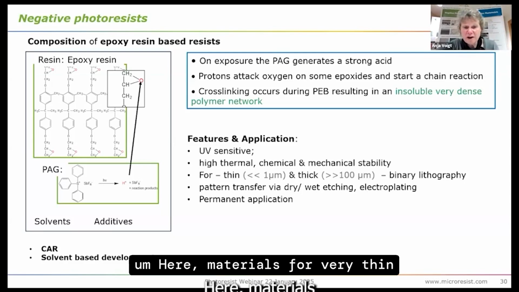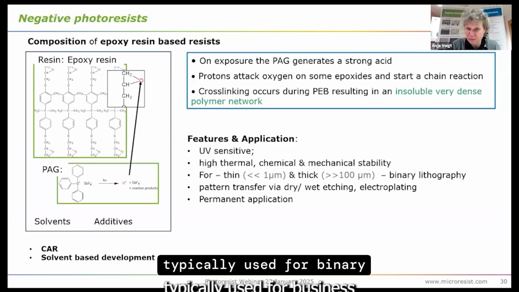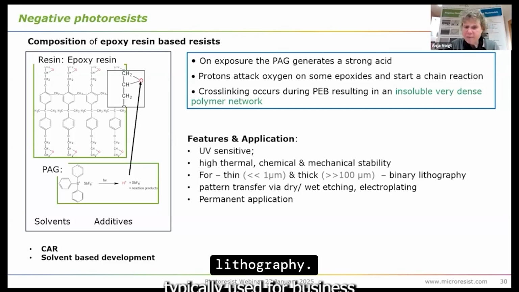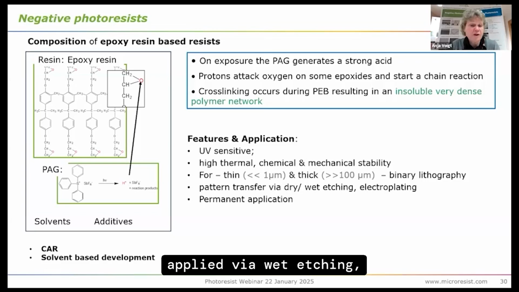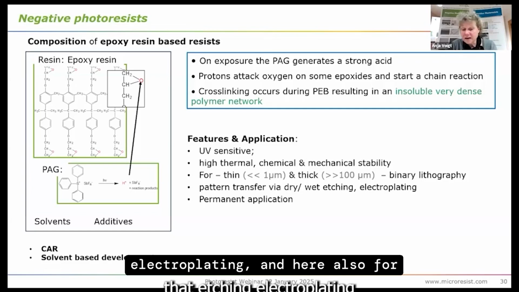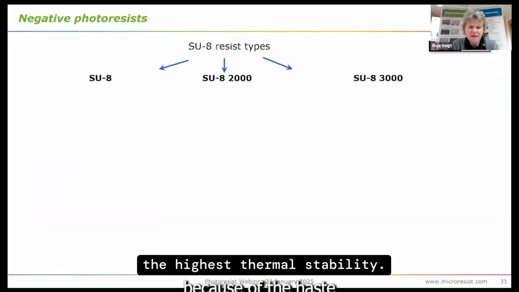Here, materials for very thin layers below 1 micron, as well as rather thick resist layers, are available, typically used for binary lithography. Pattern transfer methods can be applied via dry or wet etching, electroplating, and also for permanent applications because of the high thermal stability.